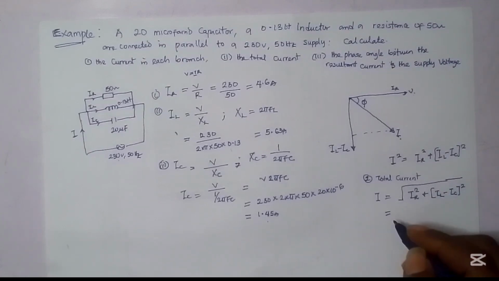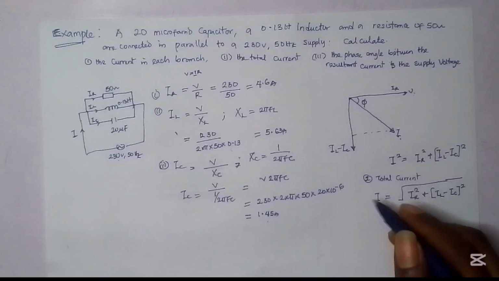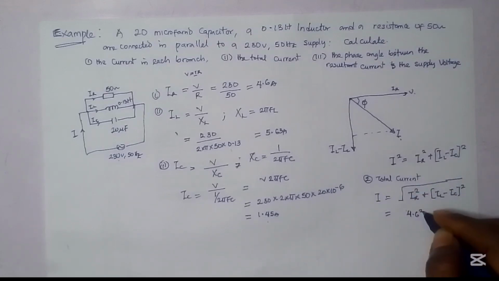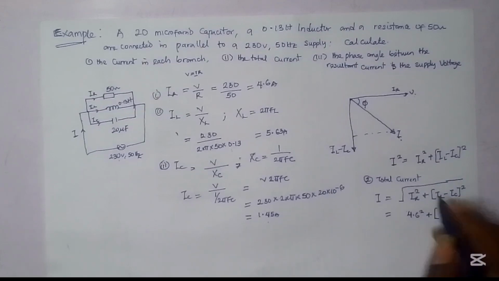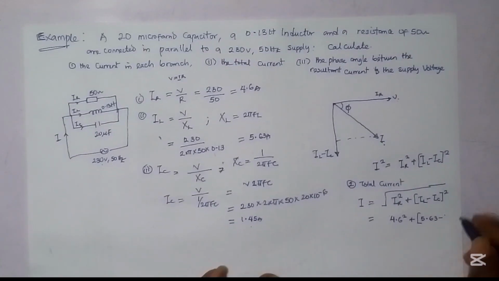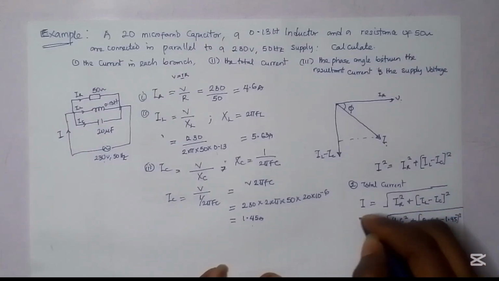So I'll quickly insert the values: 4.6 squared plus (5.63 minus 1.45), everything squared. Then we'll get the root.